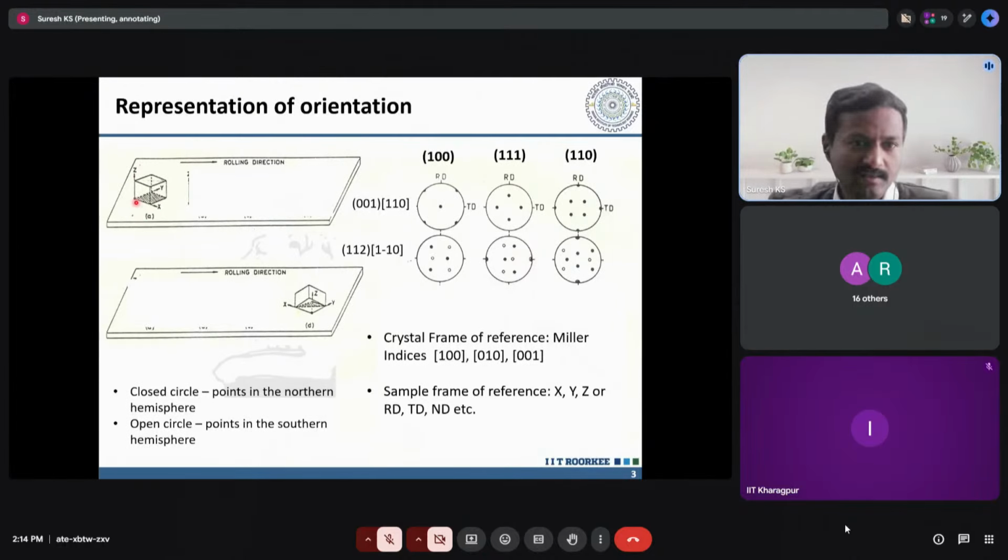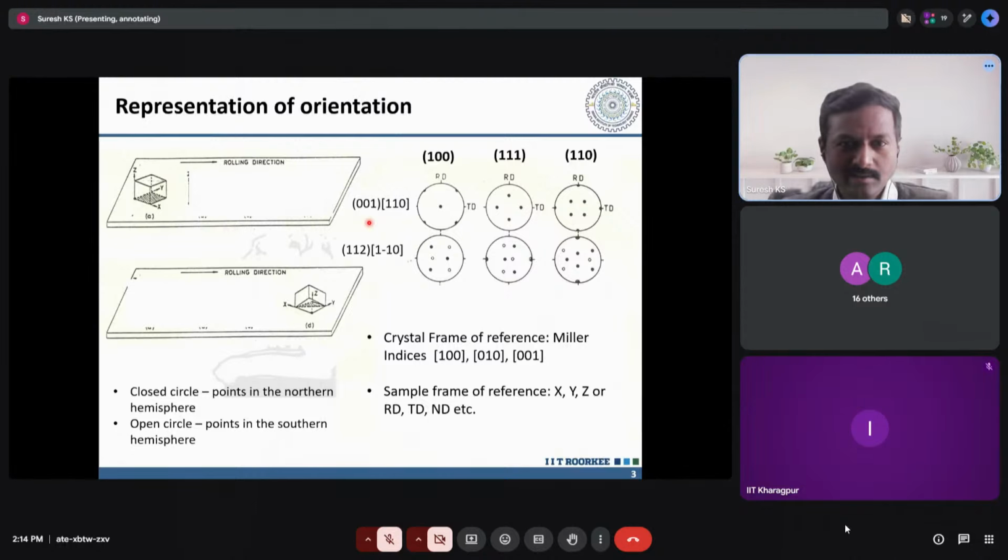And as you can see on this figure, the 001 plane is parallel to the rolling plane, and 110 direction is parallel to the rolling direction. So this particular HKL UVW, what we call the texture component, can be represented on multiple pole figures in different ways: on a 100 pole figure, or a 111 pole figure, or 110 pole figure. So it can be represented on any particular HKL pole figure.